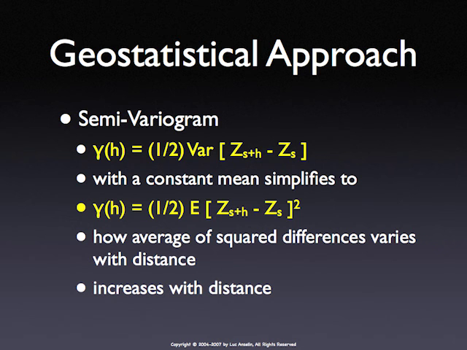If you force stationarity in the sense of a constant mean, then there is a much more intuitive interpretation rather than this variance of the differences, which is the average square difference. Anytime you have an expected value, you can estimate this by an average in the data. And in fact, this is how we proceed.